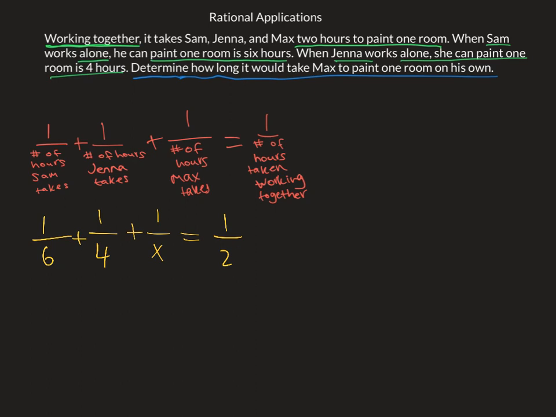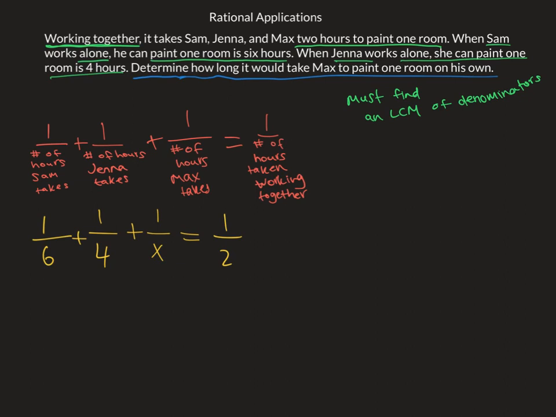Now, what's the next step in this problem? Well, our next step is you must find an LCM of the denominators. So what's the smallest number that is divisible by all 3 of the numbers, 6, 4, and 2?